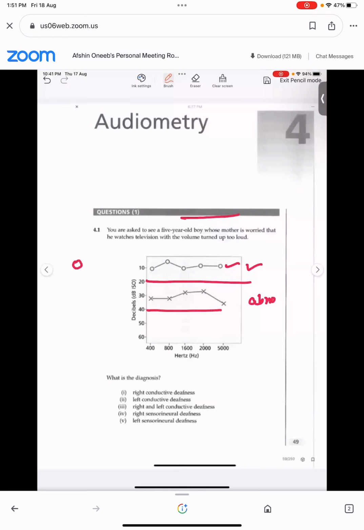Is this the right ear or the left ear? This one is the right ear and this one is the left ear. So this right air conduction is normal. This is the air conduction sign. This is left ear air conduction, that is abnormal.